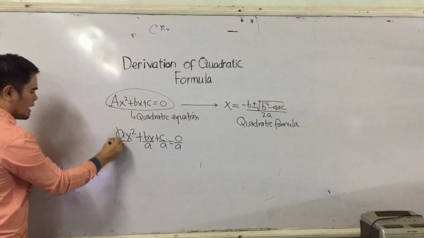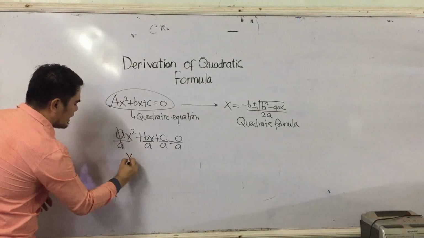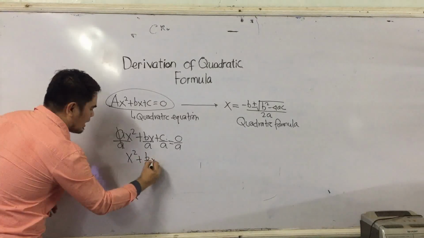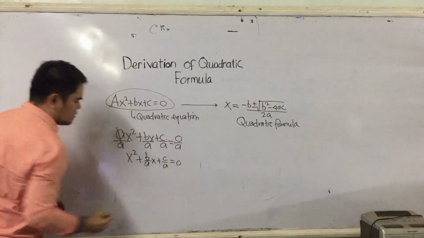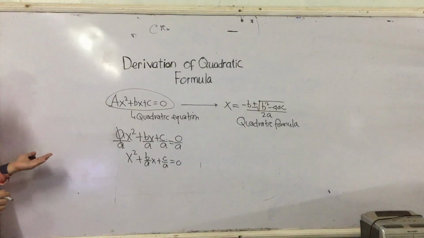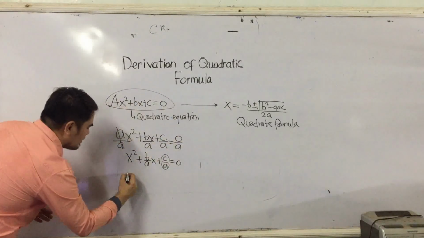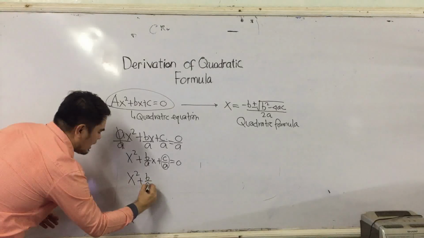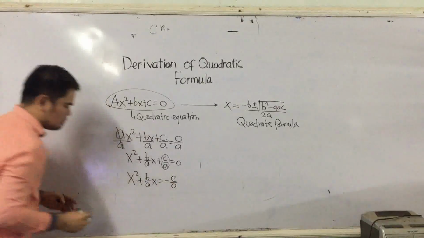The remaining expression is x squared plus b over a x plus c over a equals 0. And after that, we are going to transpose this c over a to the right. We have here x squared plus b over a x equals negative c over a.